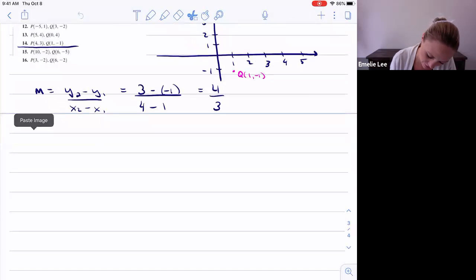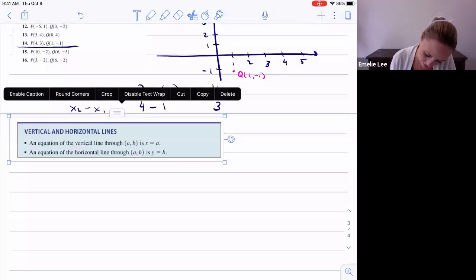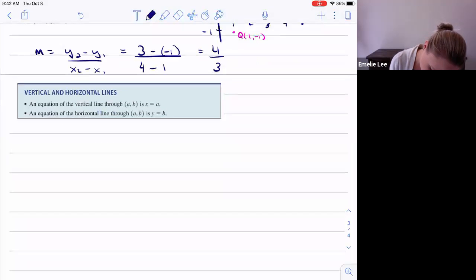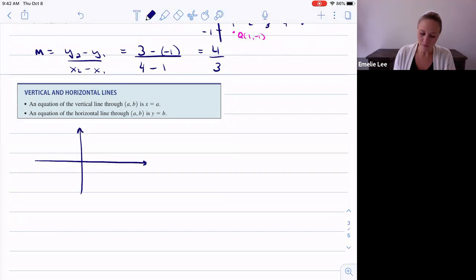Of course, we can have vertical or horizontal lines. Okay, so here, I'll draw it like this. So if you've got a line at x equals a, what does that look like?